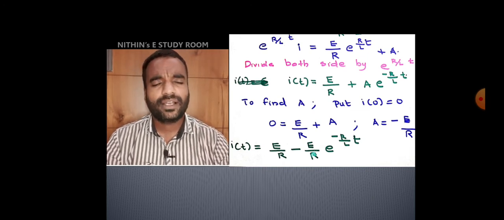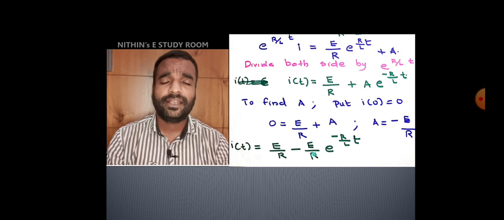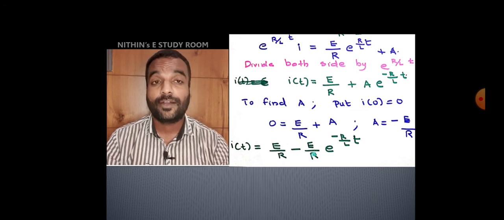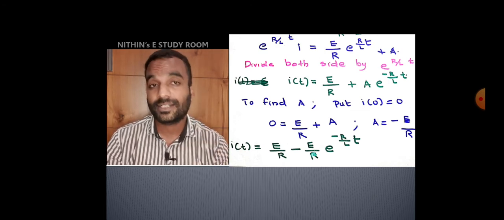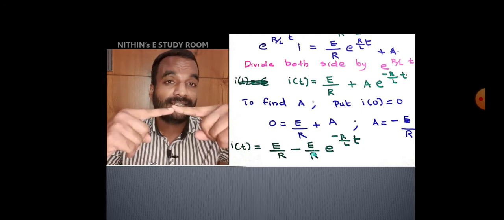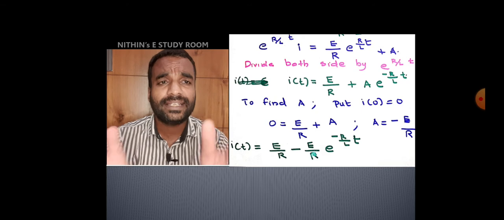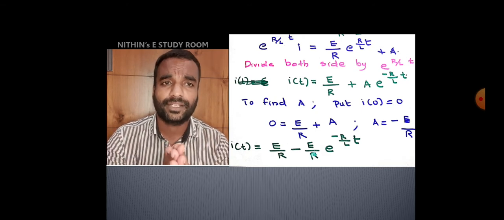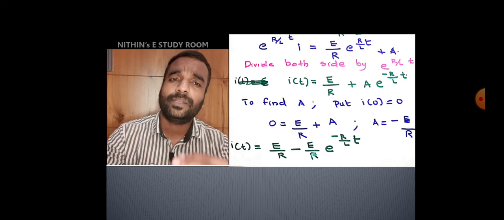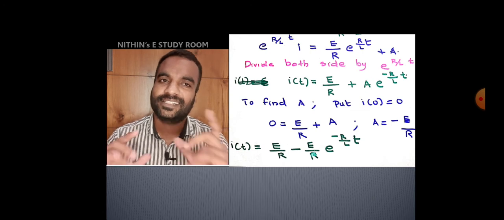And you already know that to find A, we have to apply the knowledge about the initial condition. What was the initial condition? Initially the switch was open, I0 was 0. So, please put t is equal to 0 in the obtained current equation. You know that the initial current is equal to 0.